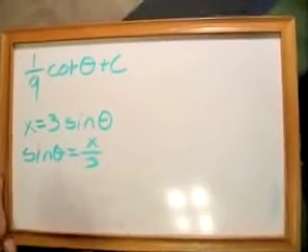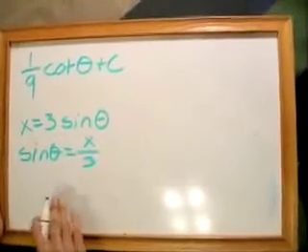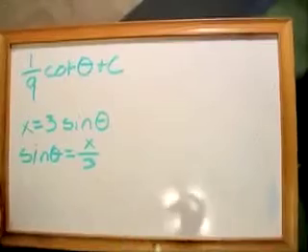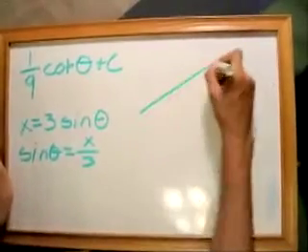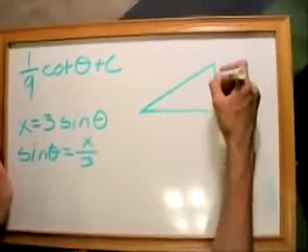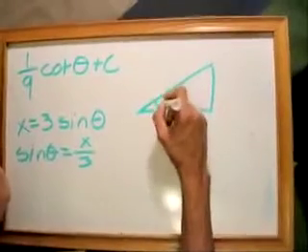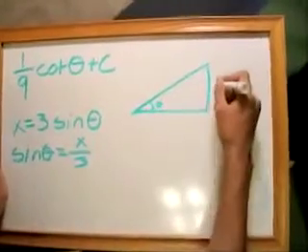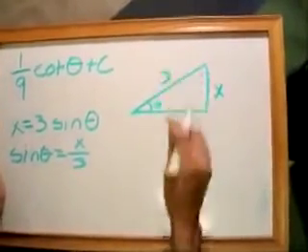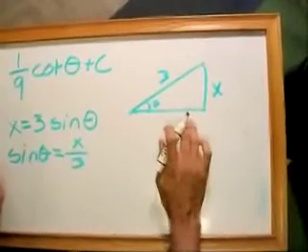Now remember that sine is equal to opposite over hypotenuse, so if we draw out our right triangle, set this as theta, then it would be x and 3. And we need to find this side.